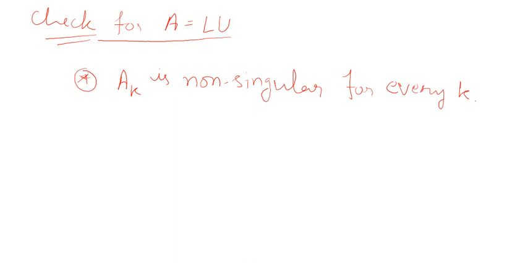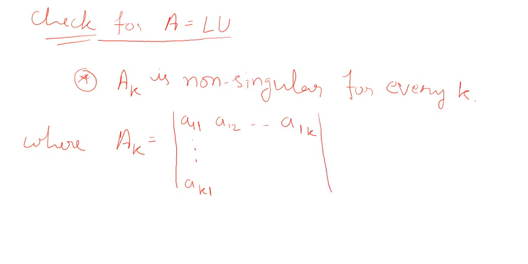Okay, so what is A_k? If I wish to write here A_k, it is clearly the determinant of the block with k rows: A11 to Ak1, A12, and you are going till the kth column, and you are having Akk, and this is Ak2 and so on.